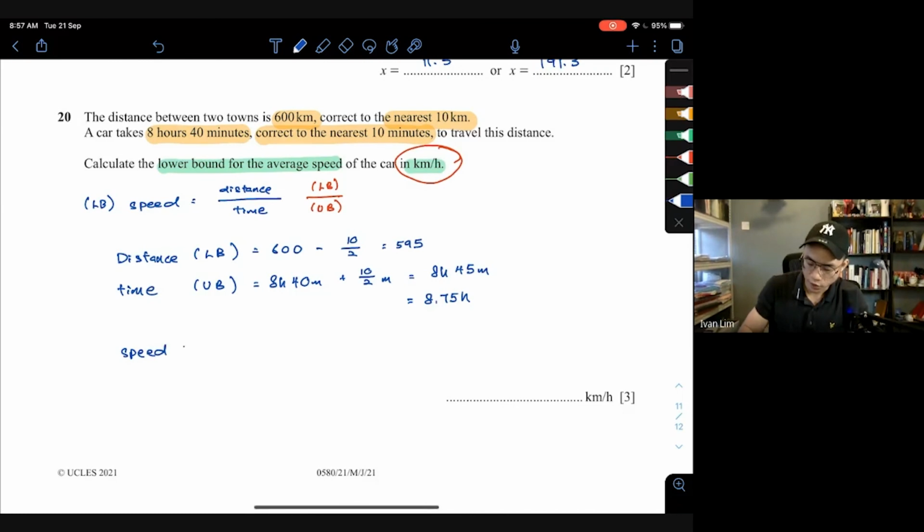You take the lower bound of distance and the upper bound of time. You get 595 kilometer, make sure your unit is correct, over 8.75 hours. And then this is how you get 68 kilometer per hour. You don't have to write the units. You just need to take note of the units. And there you have it.